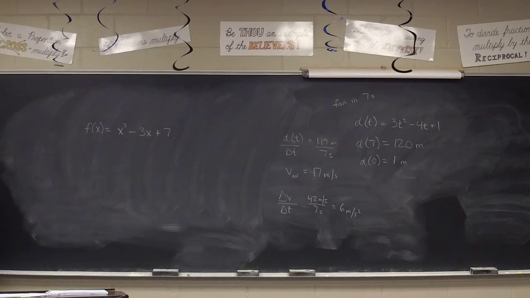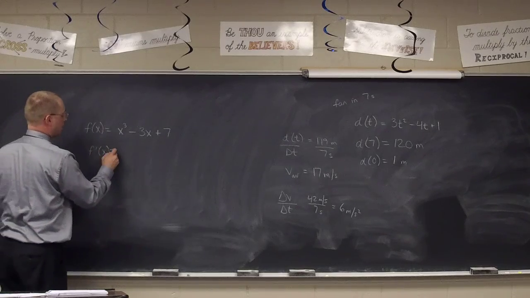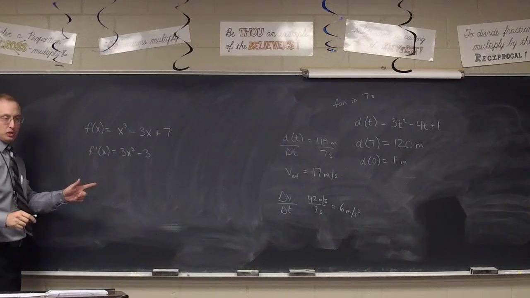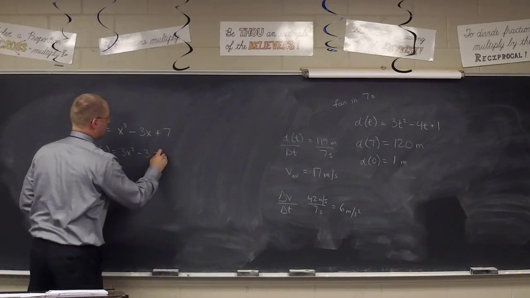Okay, if we wanted to find critical points, well, I said critical points are anywhere the slope becomes 0. Now we said slope of tangent is the first derivative, so what do I need to do? Find the first derivative, which is, Quentin? 3x squared minus 3. And then we need to set that first derivative equal to 0.